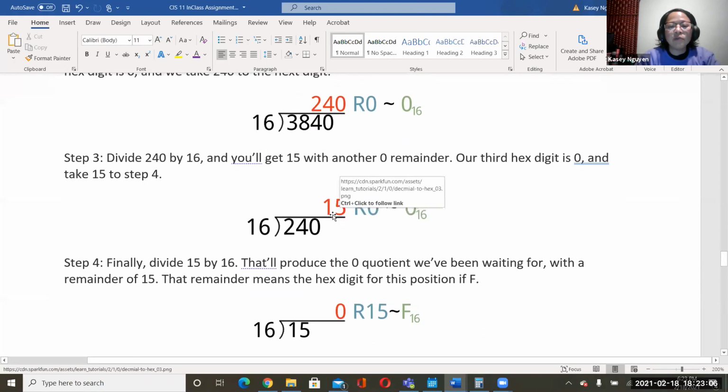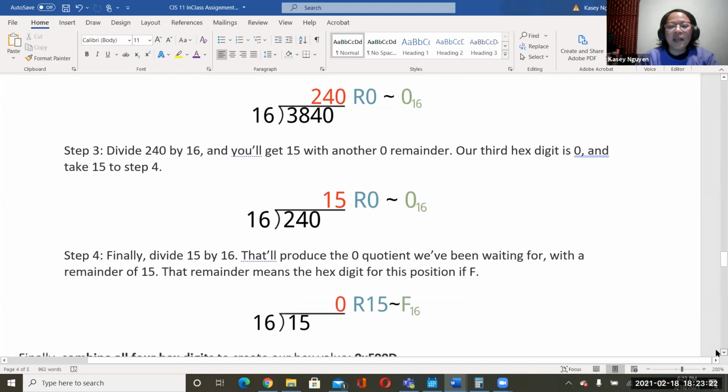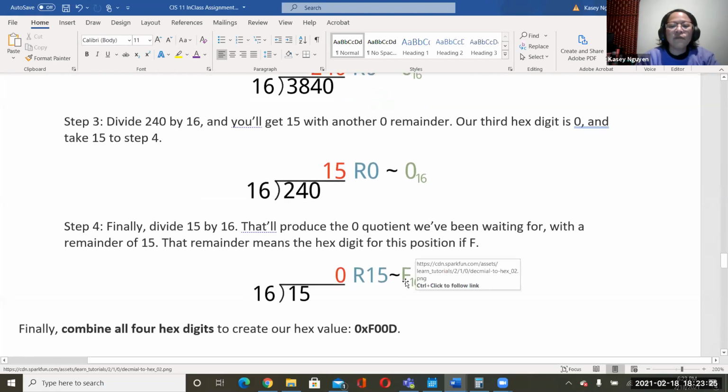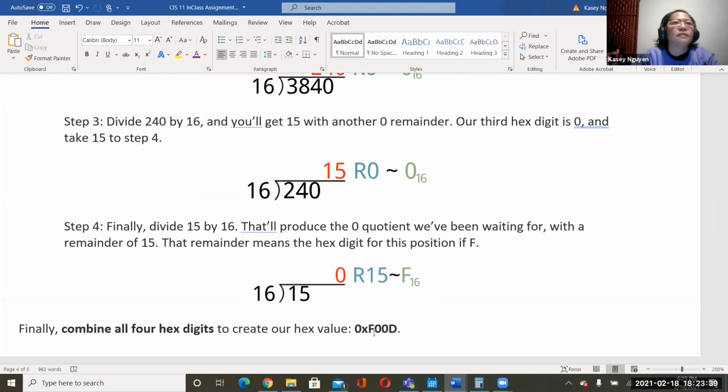If you still have a quotient, you have to go one more step, even though it's smaller than 16. So you take 15 divided by 16, it's 0, but you have 15 as a remainder, and 15 is F in hexadecimal. When you write out the result, you go F00D. The last one is the most significant, and the first step is the least significant, so you go bottom up, left to right.